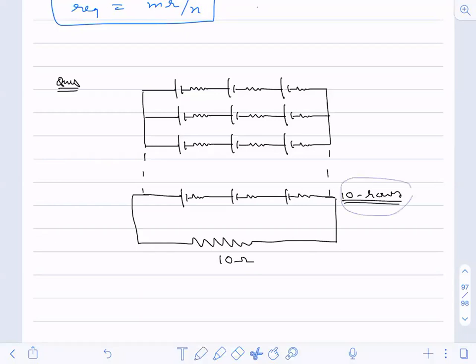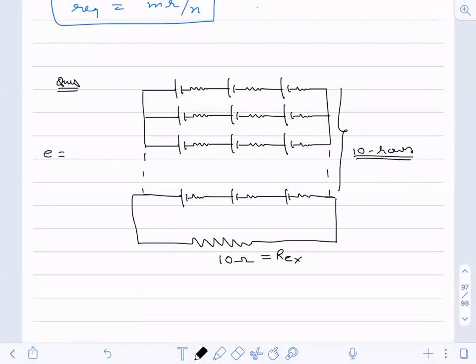Just try to understand again. Here you are having total of how many rows? 10 rows. This is one extra external resistance. Now each EMF is 0.15 volt.